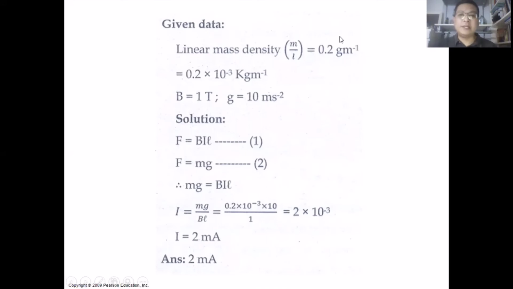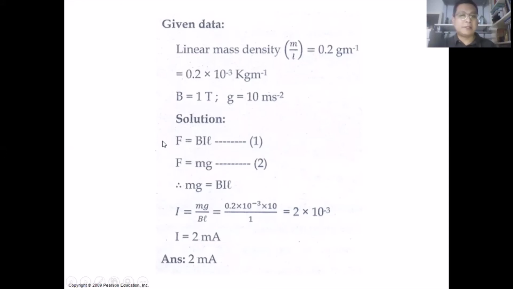So we can convert from gram into kilogram, so 0.2 times 10 to the power negative 3. And then the magnetic field, 1 Tesla, and gravity, 10 meter per square second.